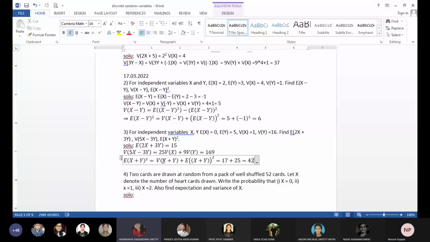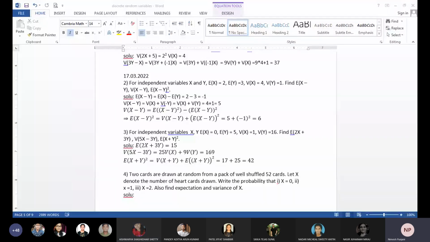सर 25 कैसे आया बताओ ना. 17 समझा? हाँ. एक्सपेक्टेड वैल्यू ऑफ x कितना है? ऐश्वर्या, एक्सपेक्टेड वैल्यू ऑफ x कितना है? क्वेश्चन में दिया हुआ है ना? 0 है सर. हाँ, expected value of y. 5.